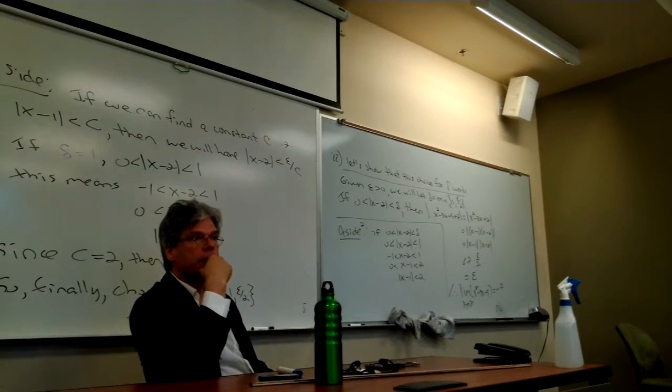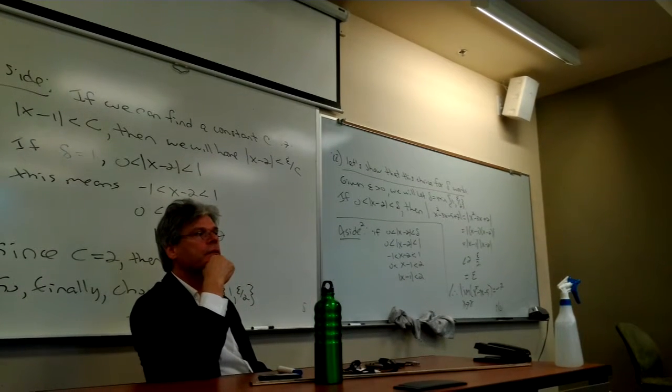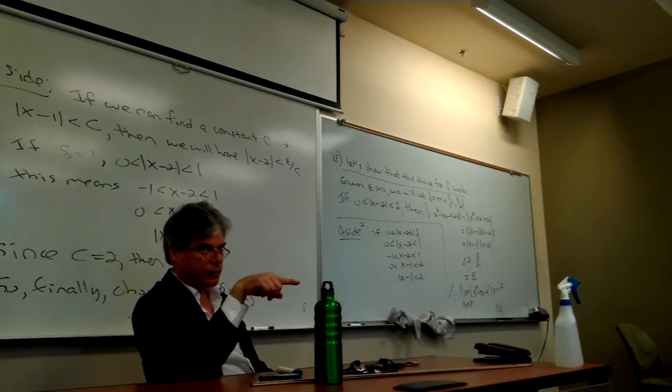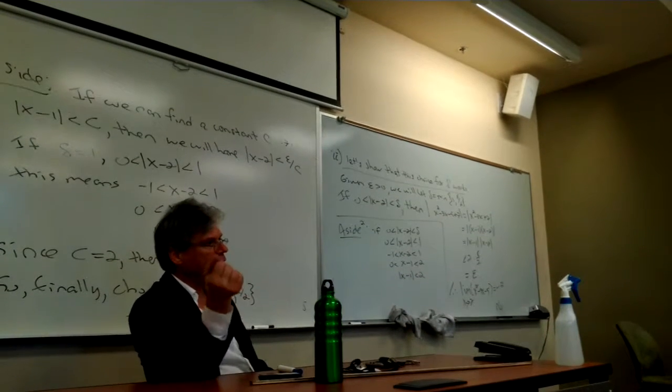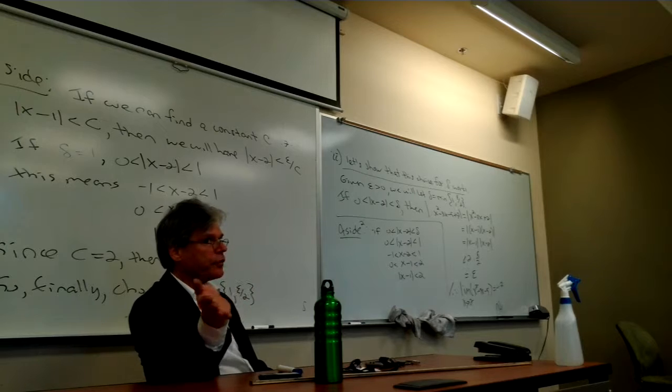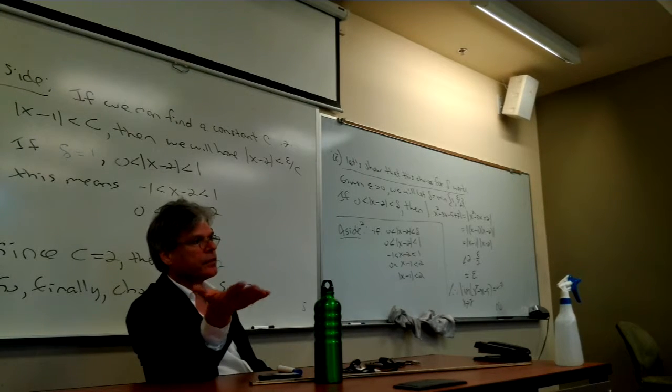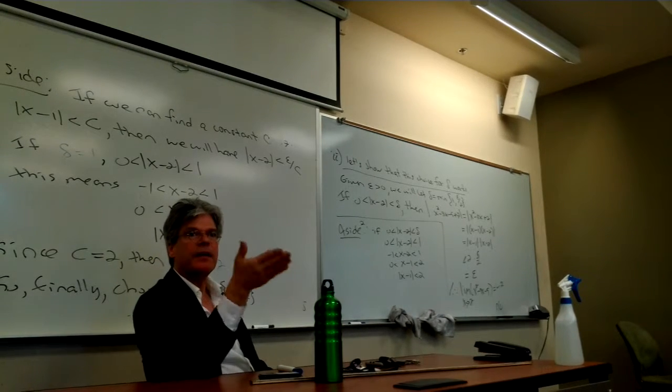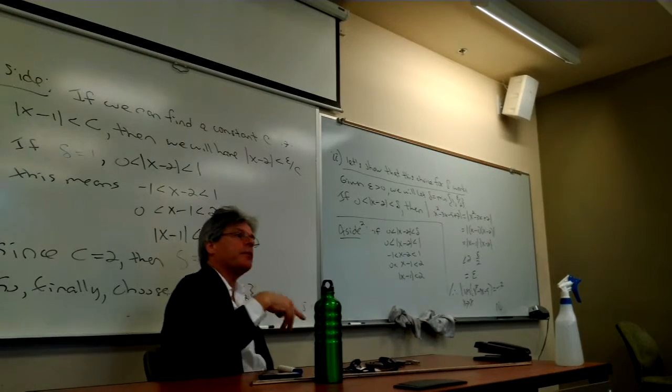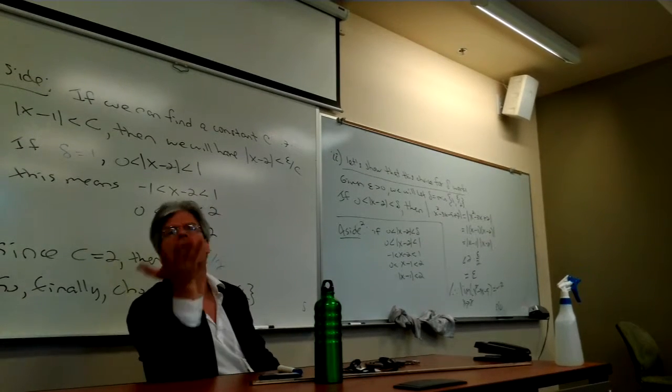You can't prove the intermediate value theorem at this level? No, we don't have the tools. I don't know if you guys notice this, but even in the algebra courses, we tell you the natural numbers are 1, 2, 3 on up. Integers are the same thing, with negatives and 0. Then we say that the rational numbers are numbers that can be expressed as ratios of integers, they're fractions.